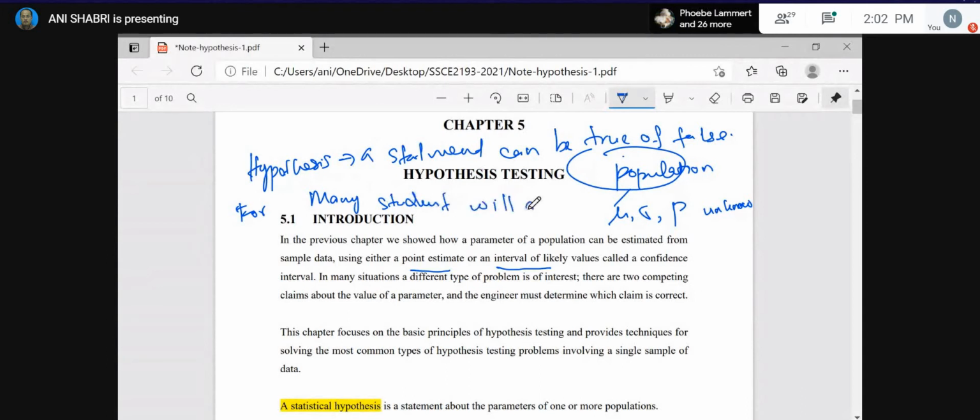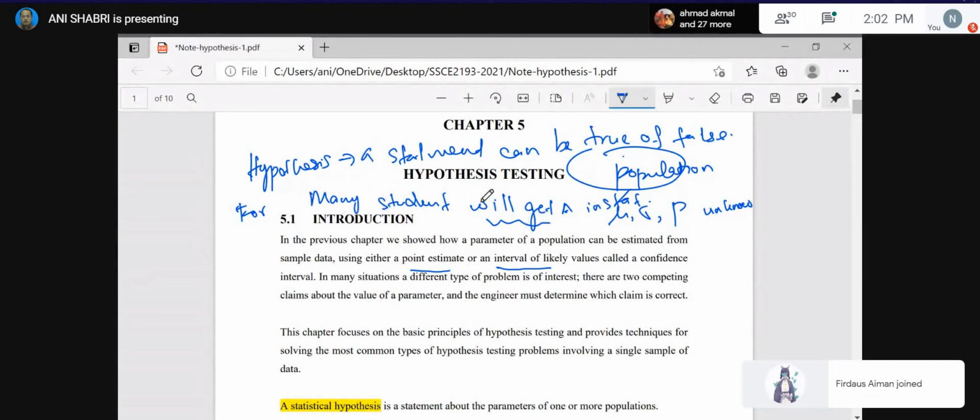Okay, another example: this evening will rain. Akan hujan. This one is just a hypothesis. Maybe true or false. Okay, in statistics, this is the definition. This is the statement about the statistical hypothesis.